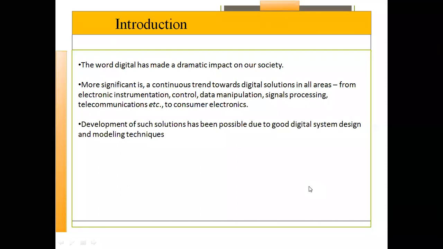The digital concept has shown solutions to many of the problems.